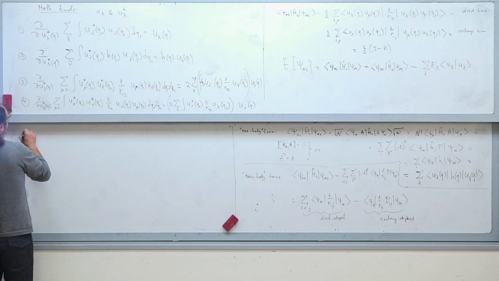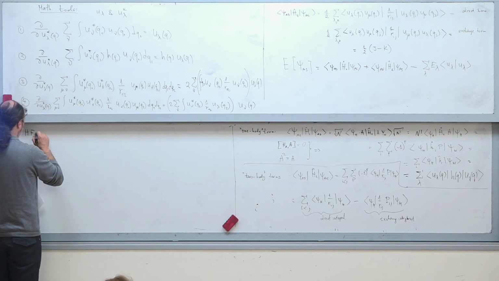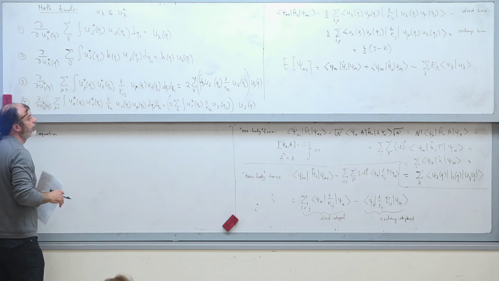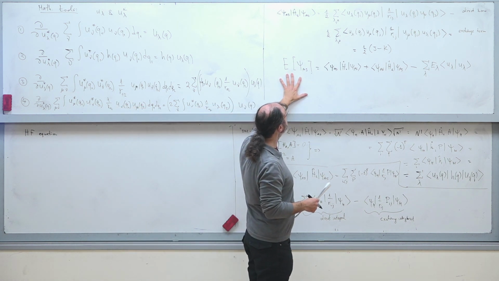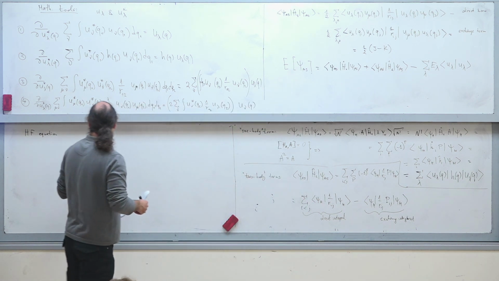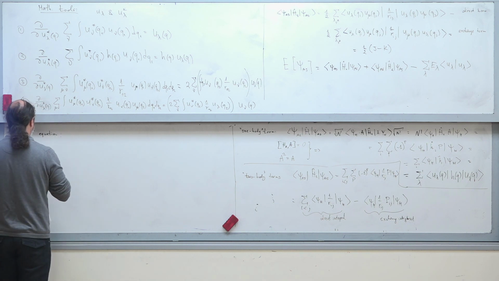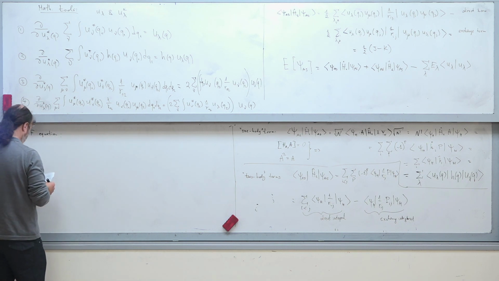So then the Hartree-Fock equation that we get after performing the minimization of this energy functional, and we are ending up with the Hartree-Fock equation for the orbital.